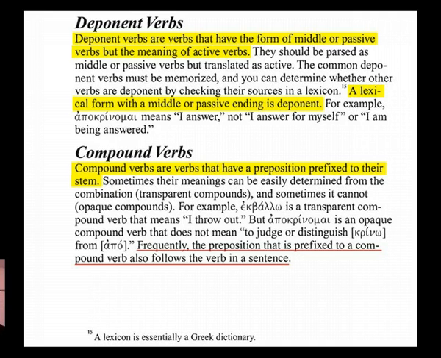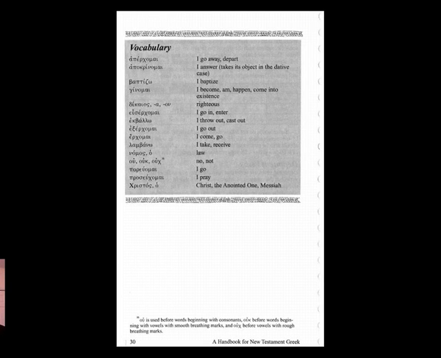It's very common for the prefixed preposition to follow the verb so that there's kind of a double use of the preposition. In English, we would only translate it once. I am coming out of the house. We don't say I am out coming out of the house. And that's it for lesson 7.